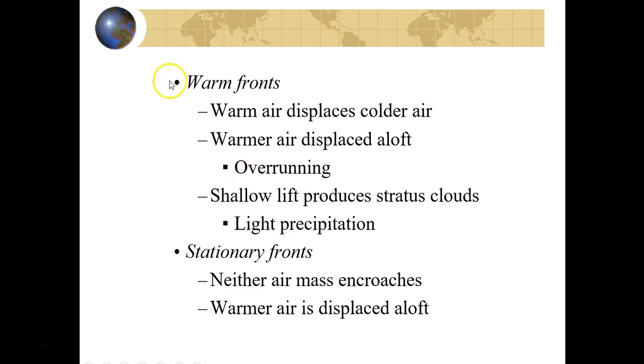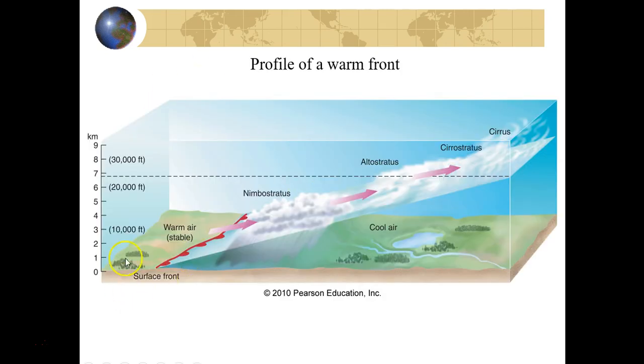So what I want to show you is a cross-section of a warm front, and a warm front occurs when maritime tropical air is pushing to the north, trying to displace continental polar air. Warmer maritime tropical air is lighter, and it has a much harder time of pushing cold air out of the way. Sort of would be like a smaller, lighter person trying to push a heavier person backwards. They would have a hard time.